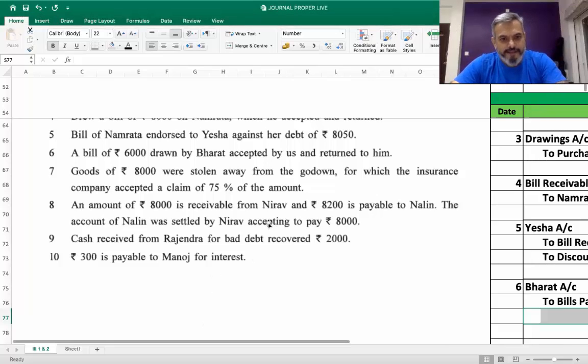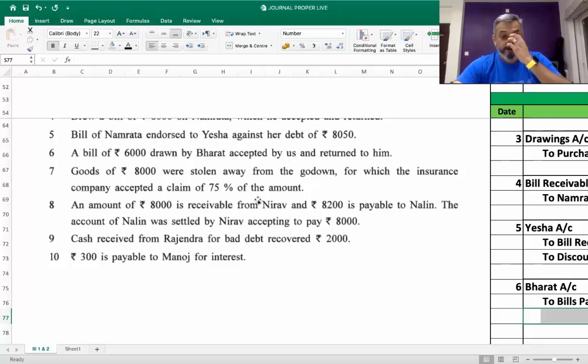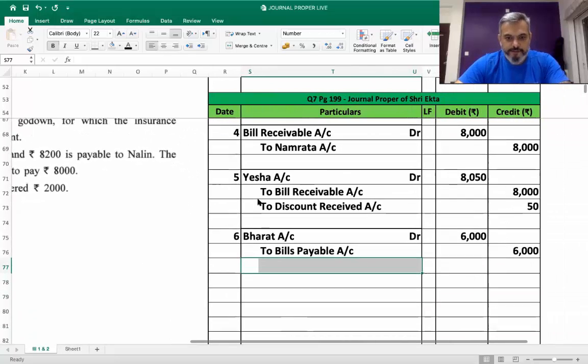Goods of 8,000 were stolen away from the godown, for which insurance company accepted a claim of 75% of the amount. So 8,000 worth of goods went, and against that our claim from the insurance company was accepted for 75%. So 75% of 8,000 is 6,000.